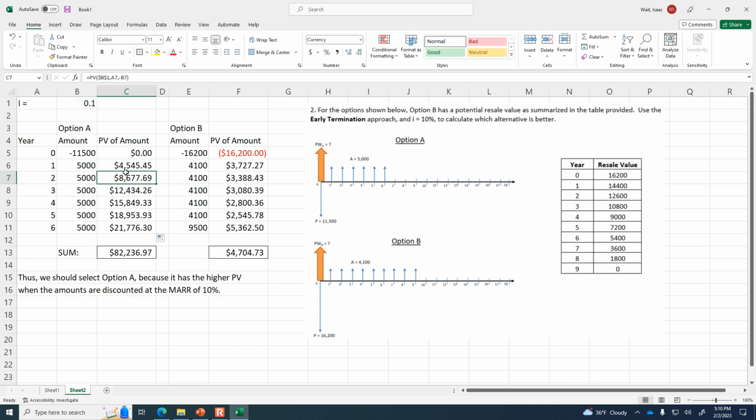So this 8,000 is the present value of 2 payments of 5,000. And if you follow it through, 21,776, it is saying that is the present value of an annual series of $5,000 each year.